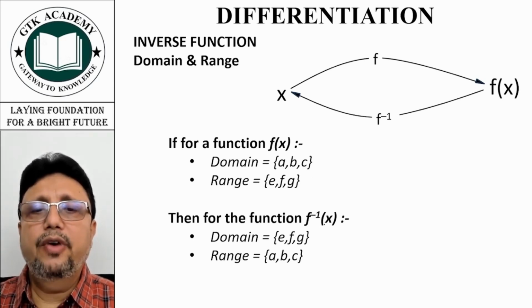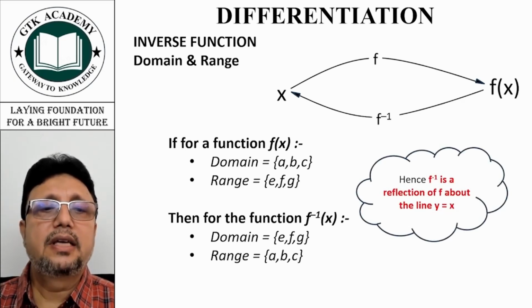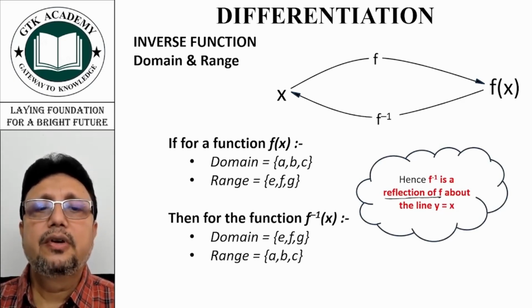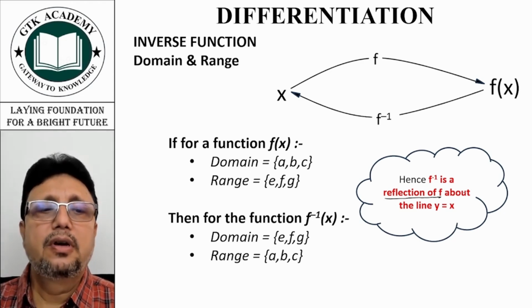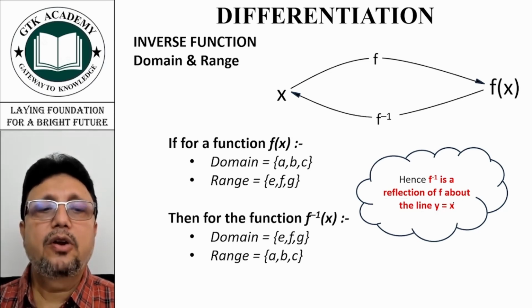And one more very interesting thing, inverse is a reflection of f. It's a mirror image of f about the line y is equal to x. Please note it. It's a reflection or mirror image about the line y is equal to x.